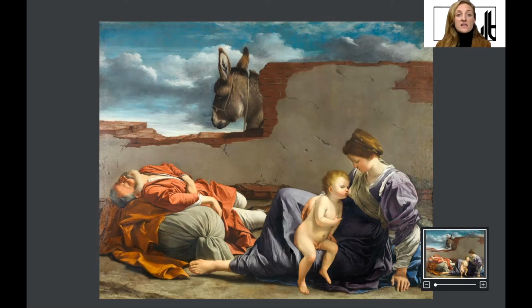He goes to Paris and works for Mary de Medici, so he's working for the royal family there, and it's there that he meets the Duke of Buckingham, who is in Paris to negotiate the marriage of the Princess Henrietta Maria to Charles I of England.